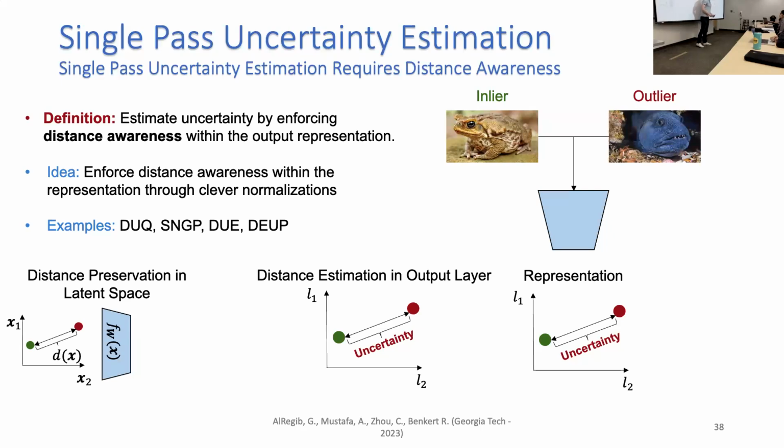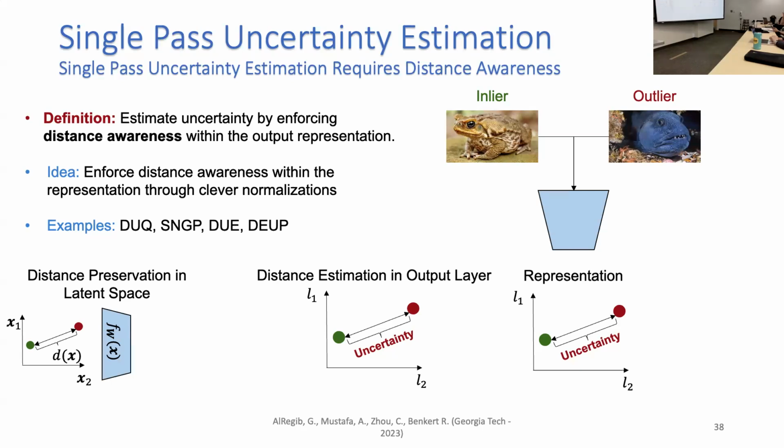There are several methods that do this. One of them is called DUQ, the other one is called SNGP. I would say these are the two most famous ones. And then you also have DUE and DEUP. They're all based on the same principle, meaning distance preservation and distance estimation in the output layer.